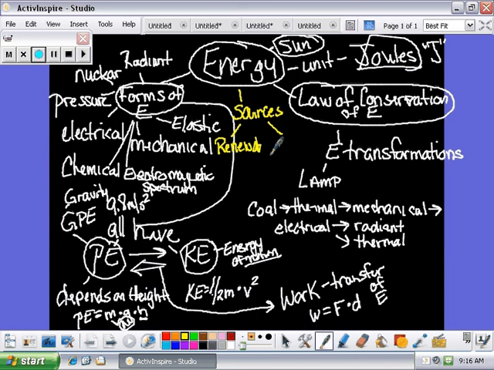Renewable and non-renewable. And the key thing to remember is renewable does not mean reusable. Because when we looked at the transfer of energy, it's linear. It goes in one direction. You can't take this radiant and thermal heat here at the end of the lamp and take it back to coal. It's a linear pathway. Does that make sense? Yeah. Okay.